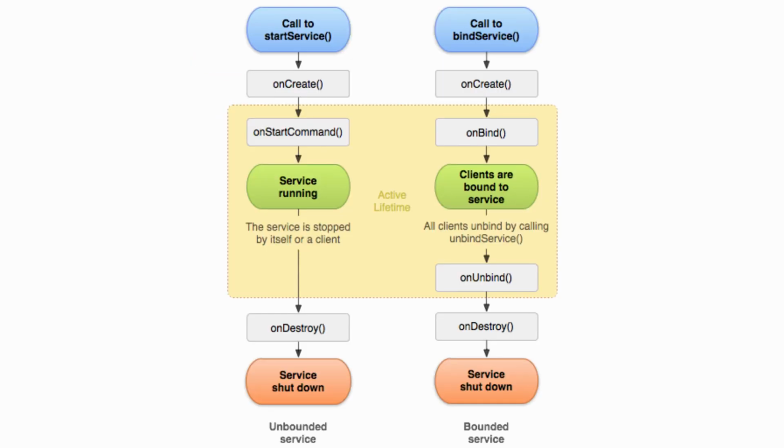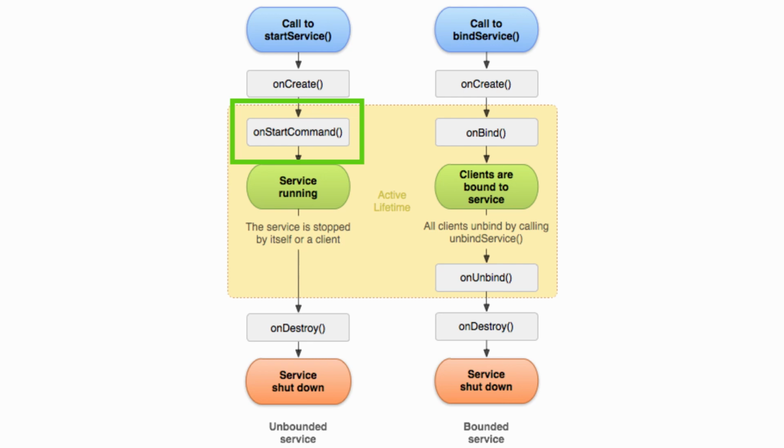Next, we start with the onStartCommand of the started service. The system calls this method whenever a component, say an activity, requests to start a service using the startService method.